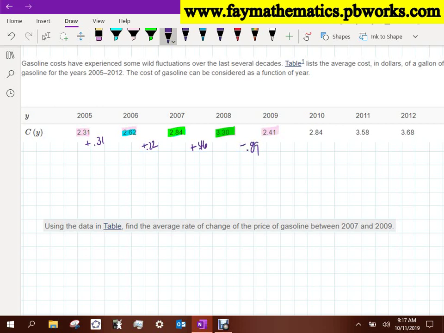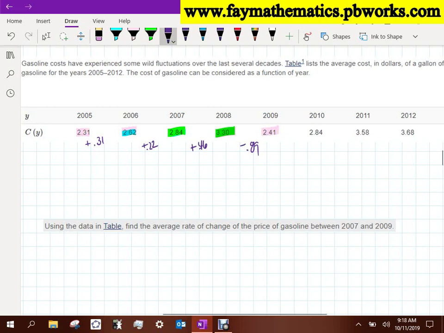So we're seeing the fluctuations. Graphically, it's a line graph, right? You guys have dealt with line graphs and histograms and that kind of stuff before, but this is a line graph, and it's going to show ups and downs. But what we can still do is determine the average rate of change between any 2 years.